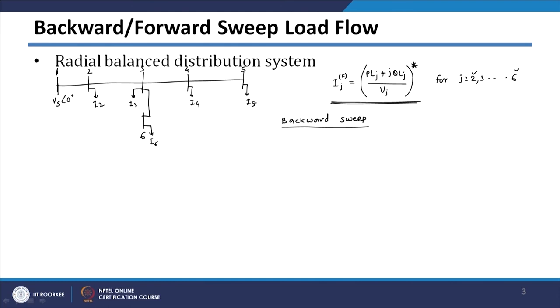So all the load currents are calculated in this step. Then in the backward sweep we calculate the branch currents. We start from the end nodes and go towards the source node. So we start with this end node, as well as this end node, bus number 6.